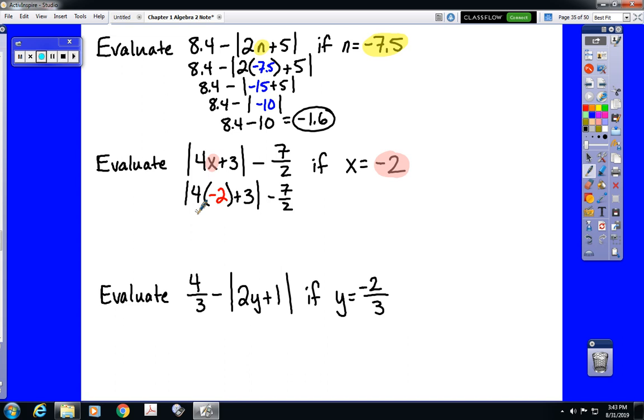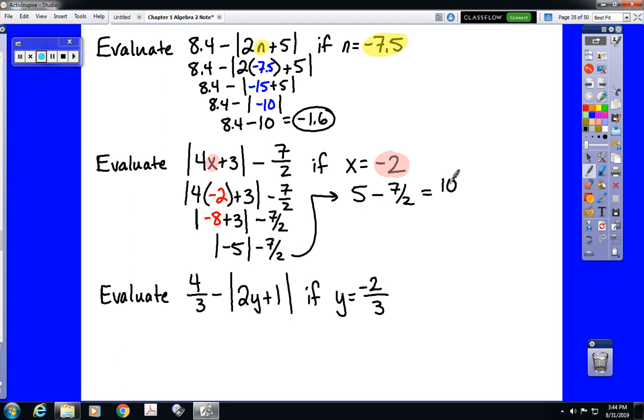That would be 4 times negative 2, which is negative 8, plus 3, inside our absolute value symbols. Then we're going to subtract 7/2 from that. That would be the absolute value of negative 5 minus 7/2. The absolute value of negative 5 is 5 minus 7/2. 5 is 10/2 minus 7/2, so I have to get a common denominator, which would equal 3/2.